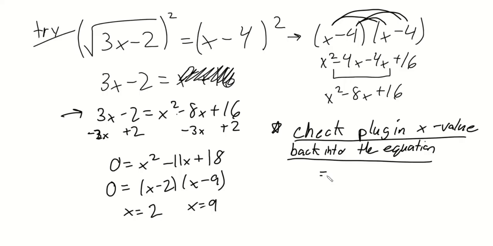So I want to know if the equal sign is true on both ones. So let's start with the 9. Plugging in 9 for x on both sides. Is that statement true?